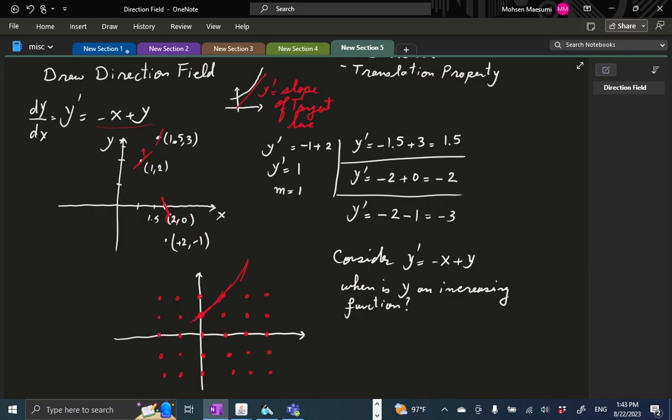Notice we don't have the solution yet. We don't know what y is, but we can say certain things about that missing solution before we even have it. That's the advantage of the direction field.